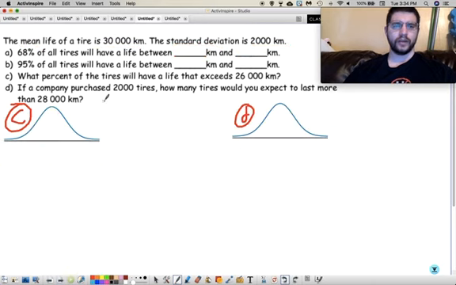Part C, percent of tires that exceed 26,000. So again, here's 30,000, exceeding 26,000 would be these guys over here.